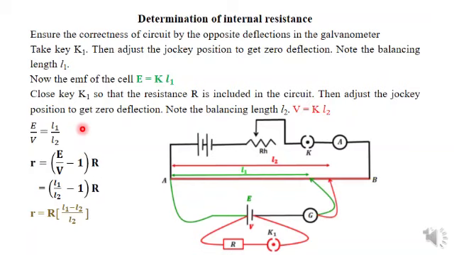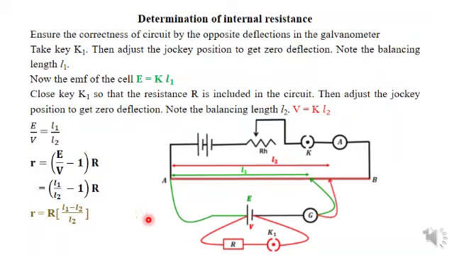We know the internal resistance of the cell, small letter r, equals E divided by V minus 1 into capital letter R. Substitute L1 by L2 instead of E by V. Then r equals L1 by L2 minus 1 into R. After cross multiplication, the internal resistance of the cell r equals external resistance capital R into L1 minus L2 divided by L2.